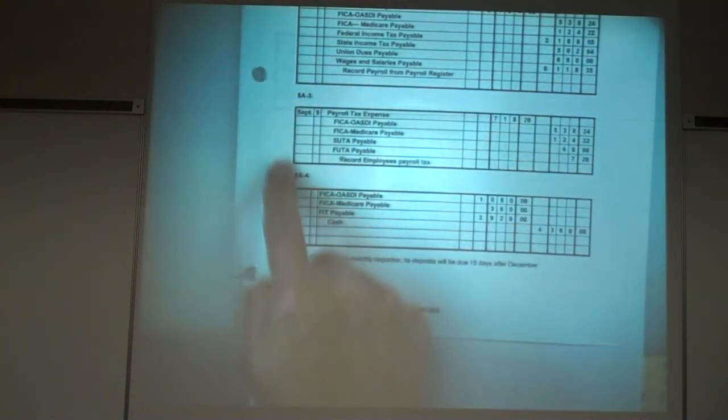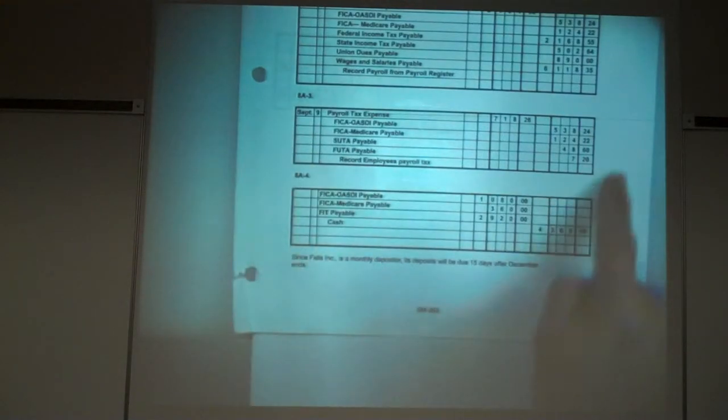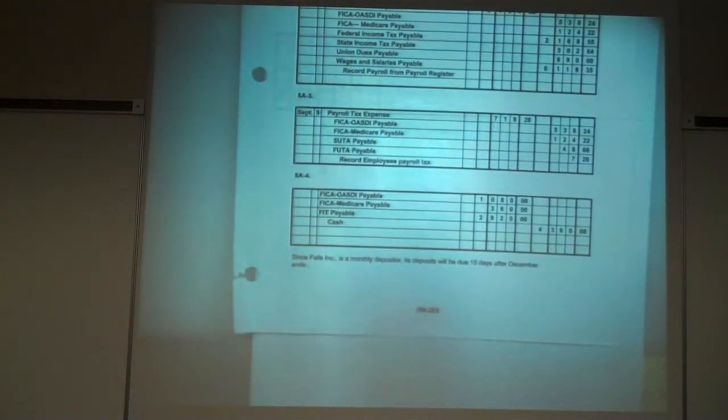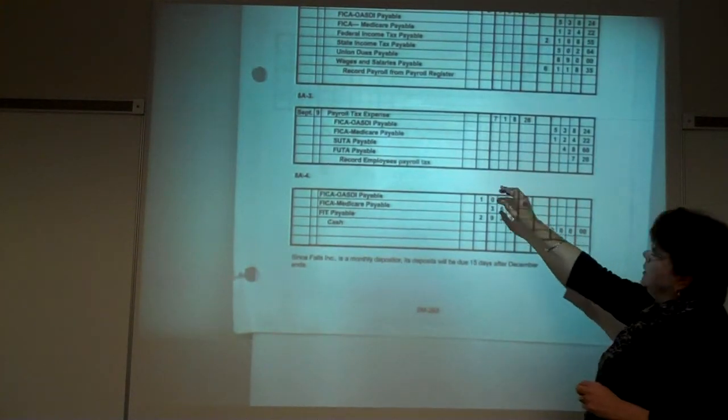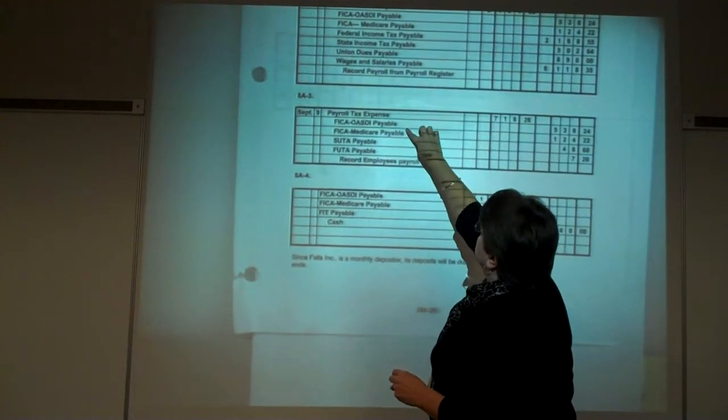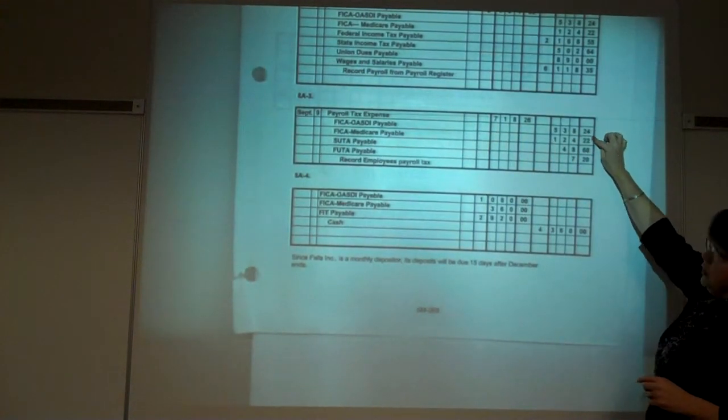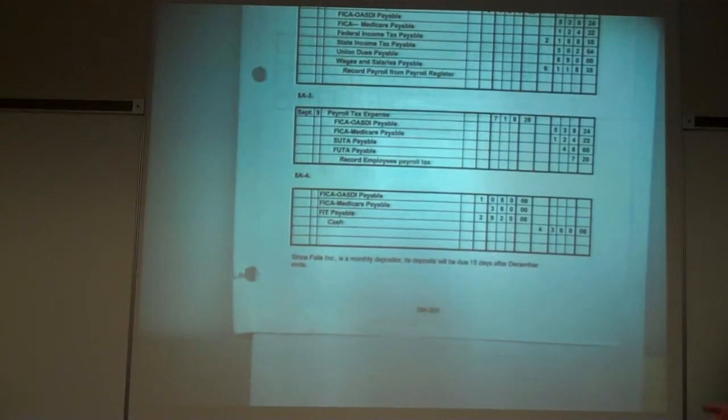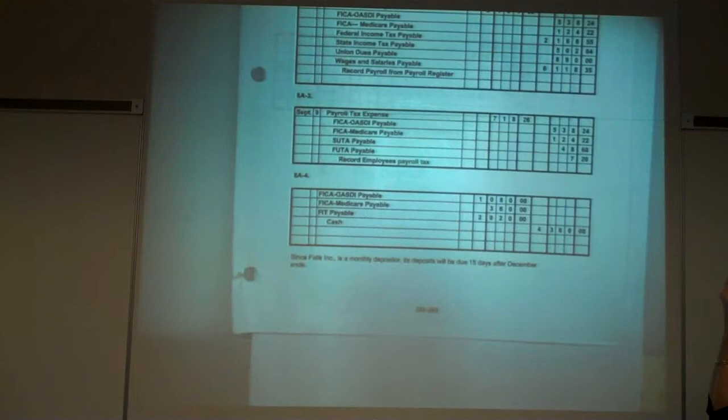That is this transaction right here that says A3. The employer is responsible for matching the OASDI and matching the Medicare. If we looked at the T account for these two accounts, we would have this same number posted to it on the credit side twice. One to record the payroll, one to record the payroll taxes.